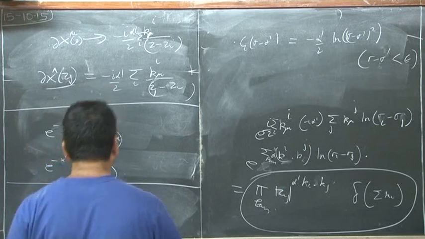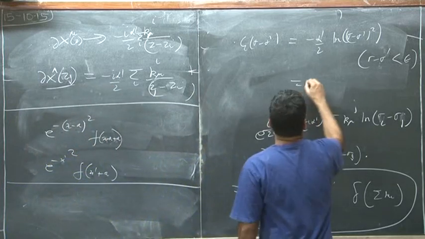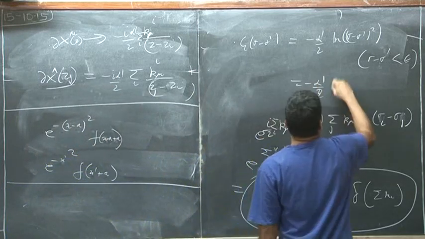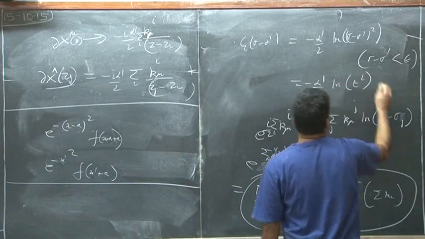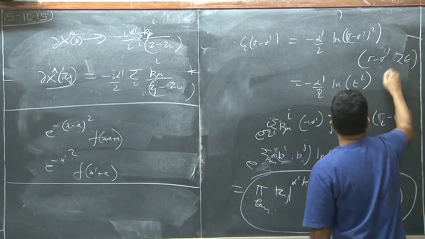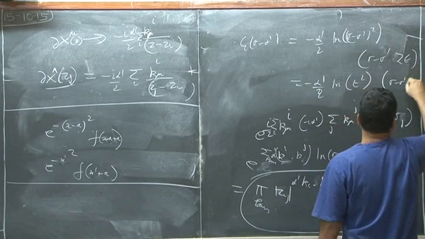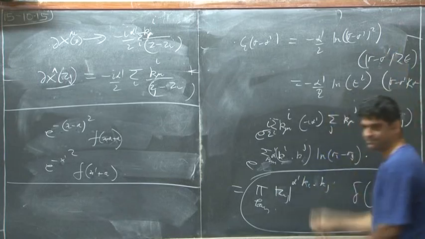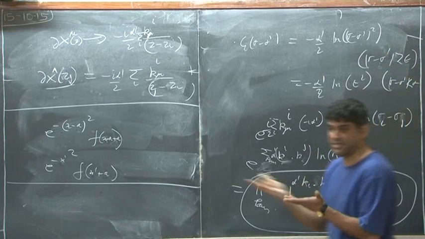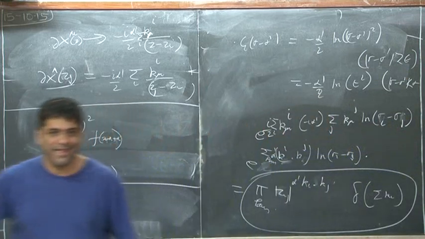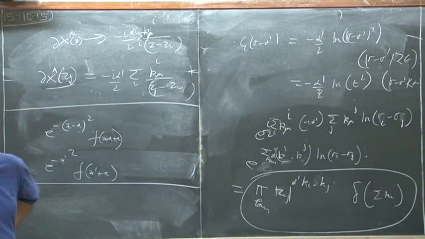And then this was equal to minus alpha prime by 2 log of epsilon squared for |sigma minus sigma prime| less than epsilon. This would be a regulation of the Green's function. Okay? And you might think we can proceed with this.